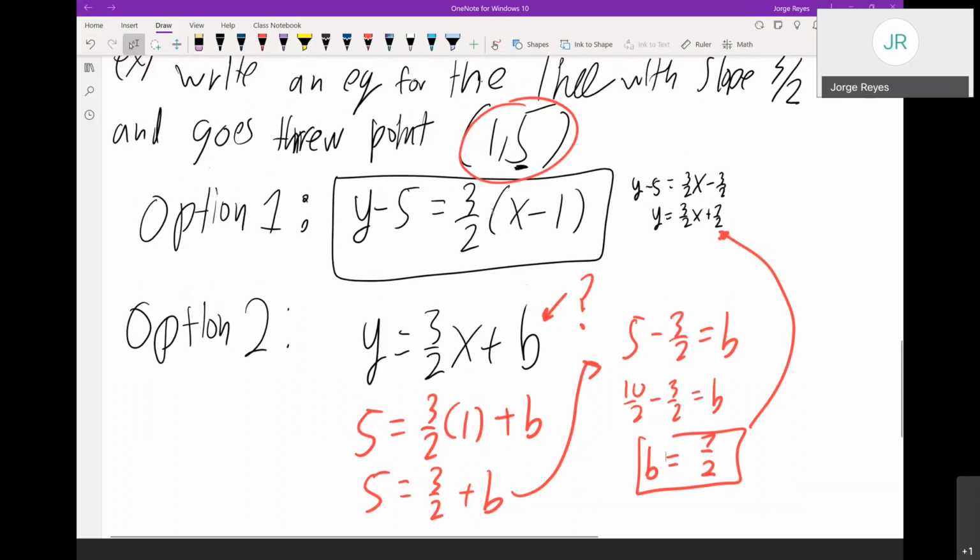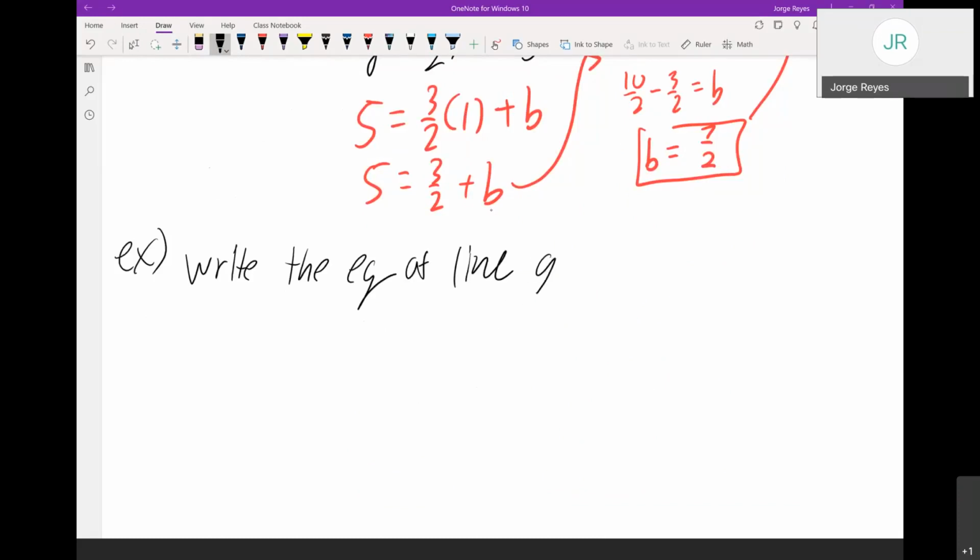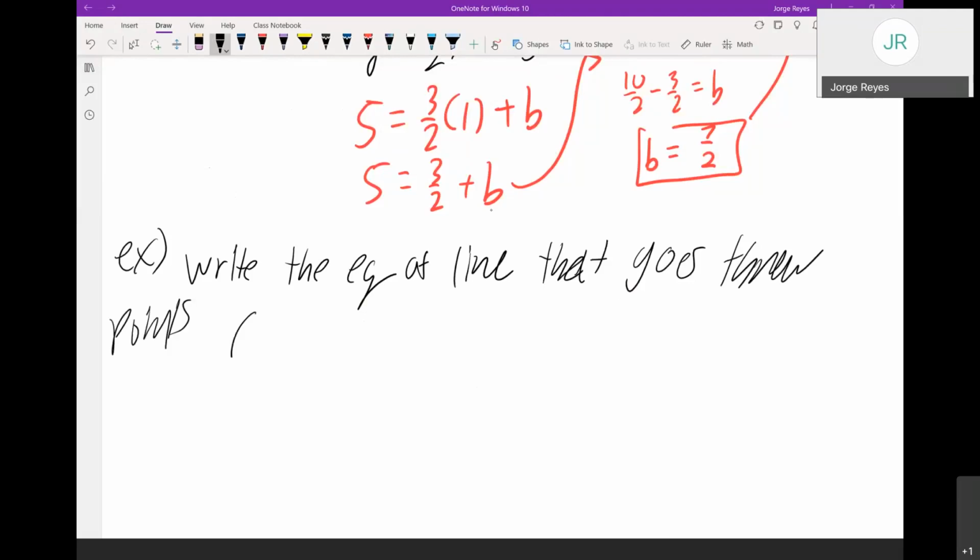Okay. Now, a slightly longer version of this question is write the equation of the line that goes through points (1, 2) and (-3, -4).